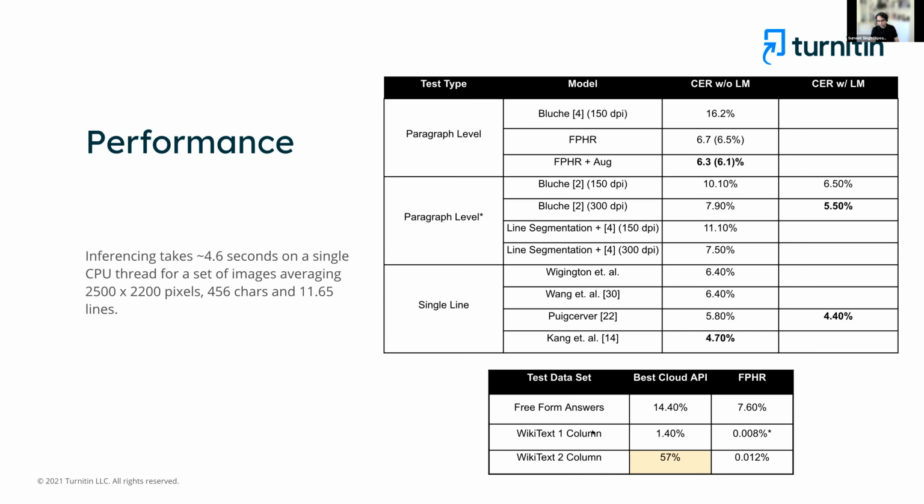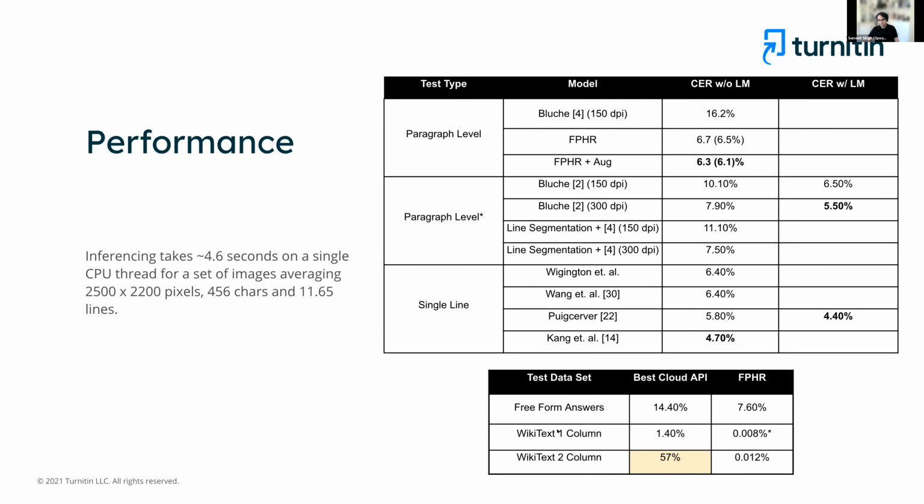Just for experimentation, if you test the Microsoft model on the Wikitext one column data, the synthetic data, then you get 1.4% error. But if you send them two column data, then you get a really horrible 50, 57% error.